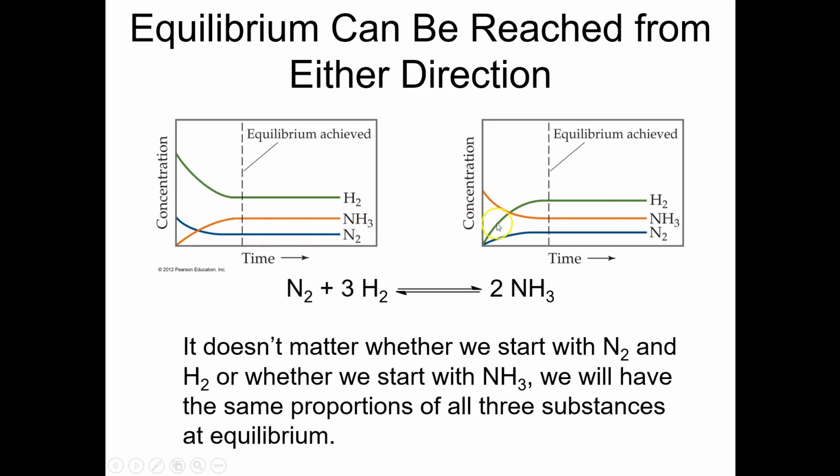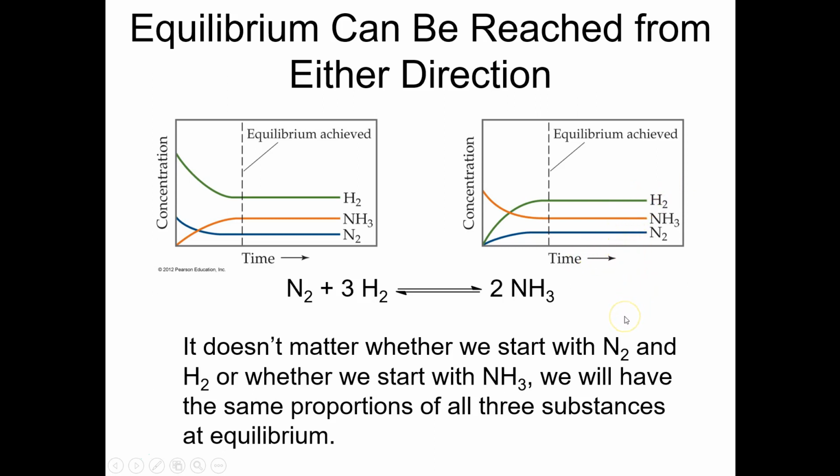Or you can start with no reactants present and only product present, that's the ammonia, and let that go, and it will reach equilibrium from the other direction. So it doesn't matter whether we start with a combination of the reactants or we start with the combination of the product or products. When it reaches equilibrium, whatever those equilibrium concentrations are, if we plug them into the equilibrium constant expression that we wrote earlier, we will wind up with the same ratio.